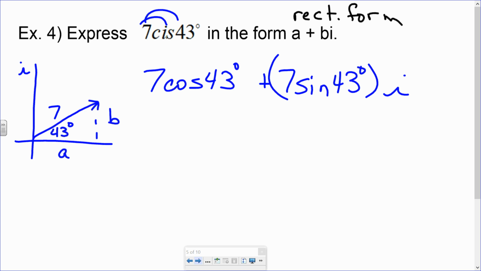You do not add 7 cosine 43 plus 7 sine 43. They are two separate things. You're trying to get the real number, and then you're trying to get the imaginary number. So I need you guys to enter those on your calculators for me. 7 cosine 43 and an answer, 7 sine 43 and an answer, and then you'll help me know what it is that I need to write down.